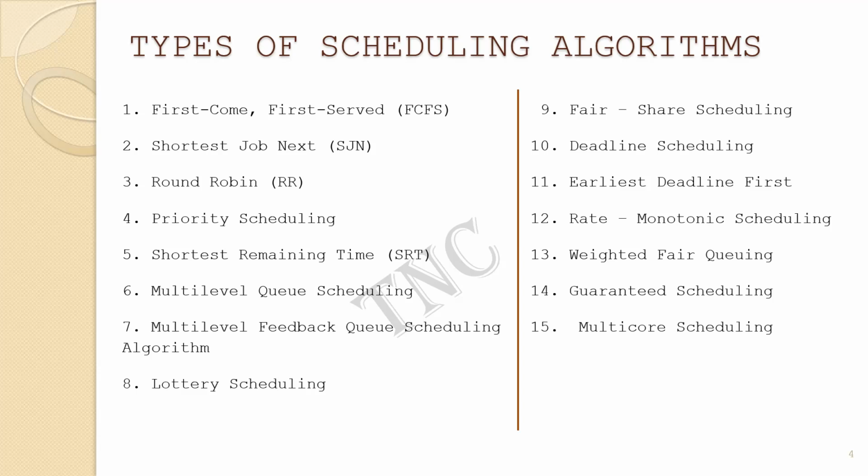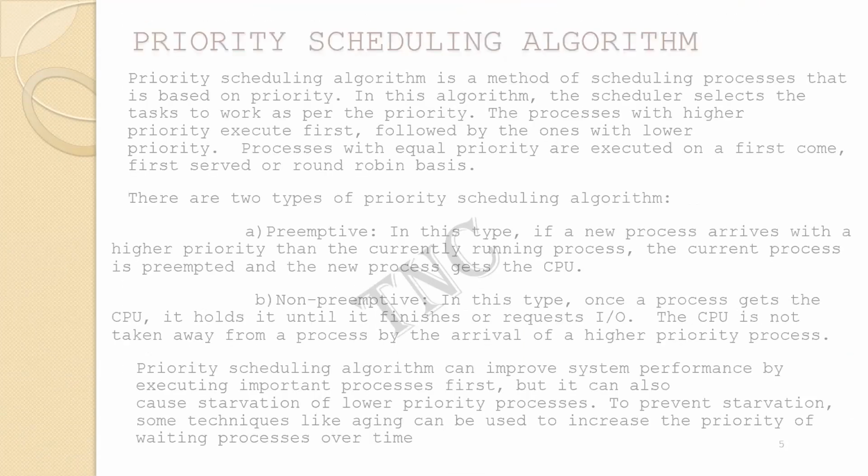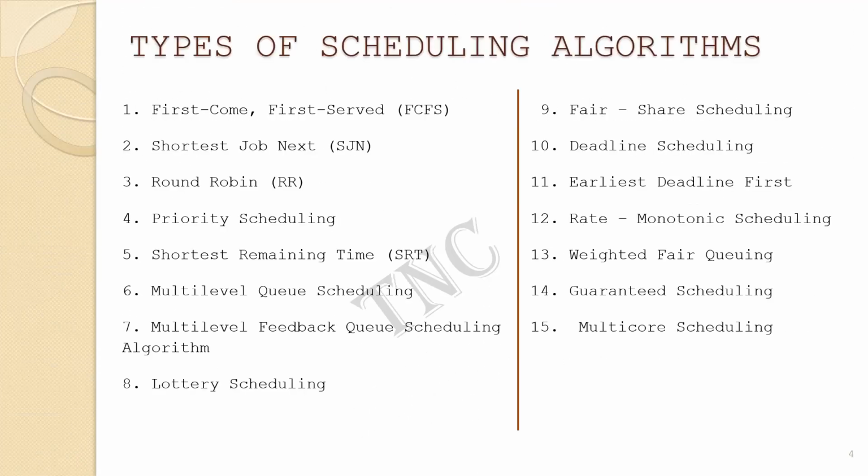Eighth is lottery scheduling. Ninth is fair share scheduling. 10th is deadline scheduling. 11th is earliest deadline first. 12th is rate monotonic scheduling. 13th is weighted fair queuing. 14th is guaranteed scheduling. 15th is multi-queue scheduling.